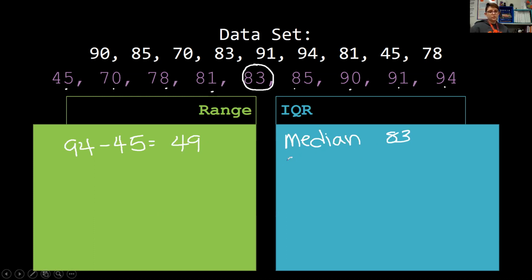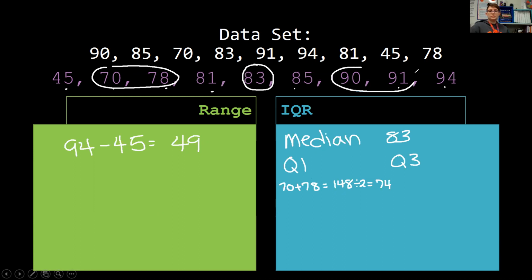Now to find my Q1 and my Q3. I'm going to find the middle of this first group, and I see it's 2 numbers. So 70 plus 78 gives us 148 divided by 2, which gives us 74. My Q3, again, I have two numbers, so I'm going to add them.